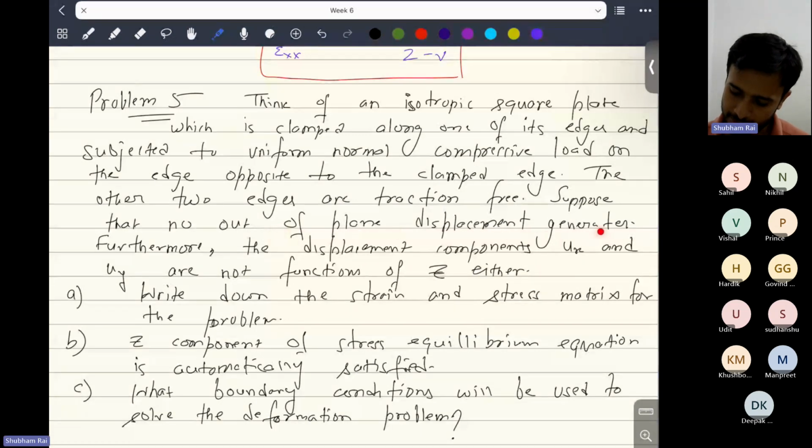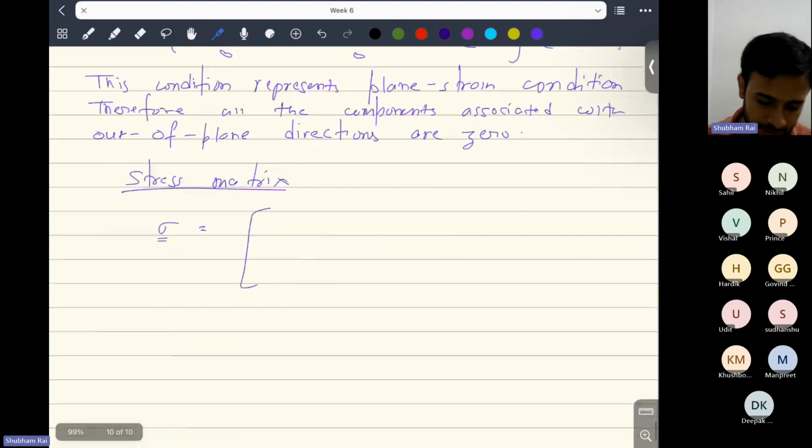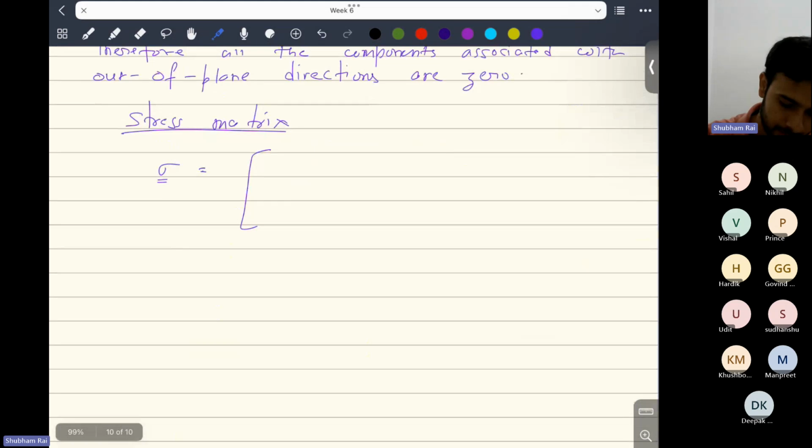There's no out of plane displacement, and the displacement components are given, so if you try to write the stress matrix, how can we write it?